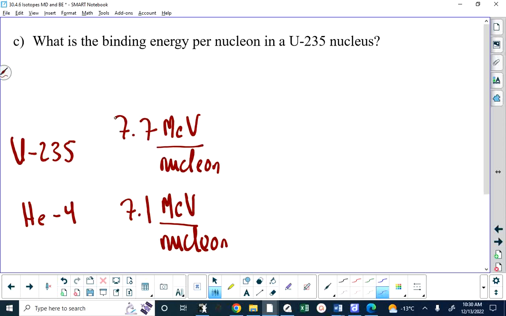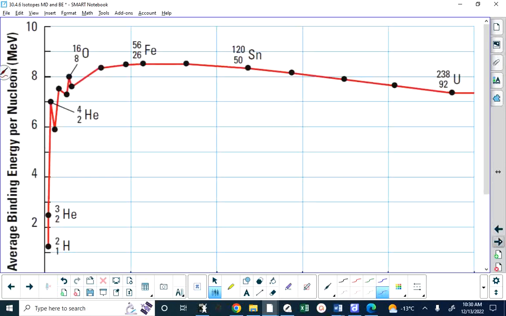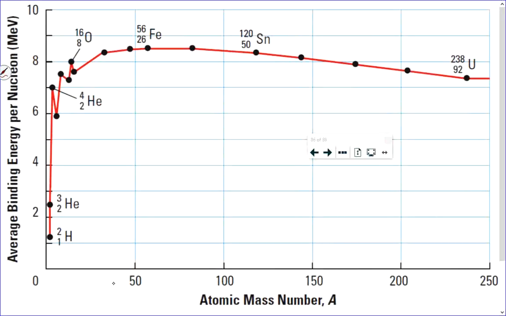And something that we're going to see later on in the course is this graph which shows binding energy per nucleon for a number of different elements. And this iron-56, of all of the elements and all of the isotopes of the elements, iron-56 has the highest binding energy per nucleon. And that means it's the most stable isotope of anything in the universe. It's held together tightest.